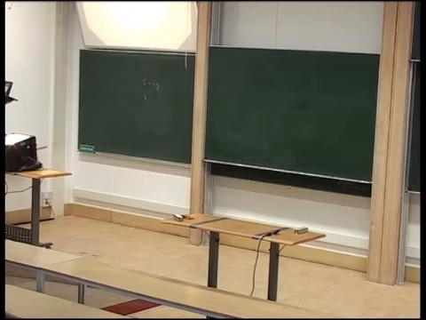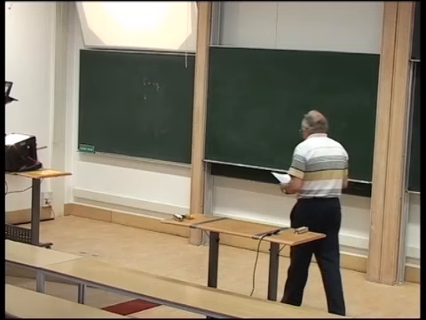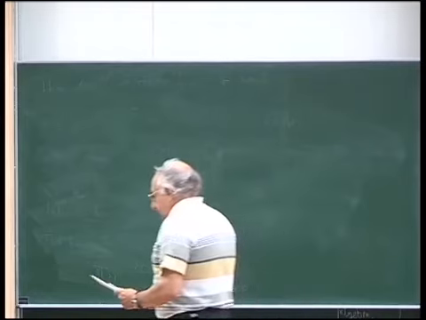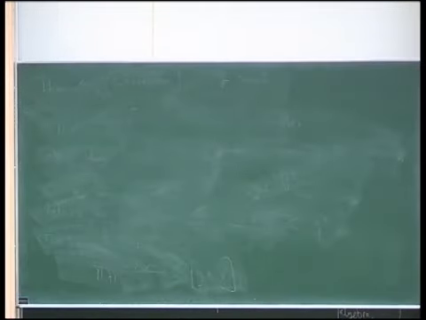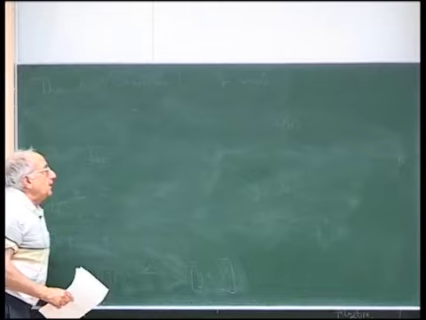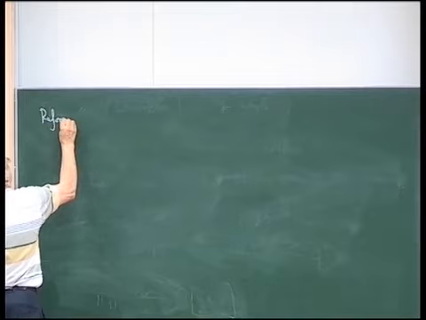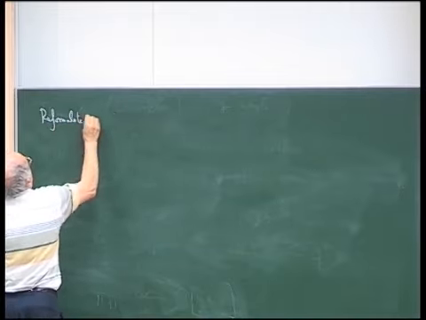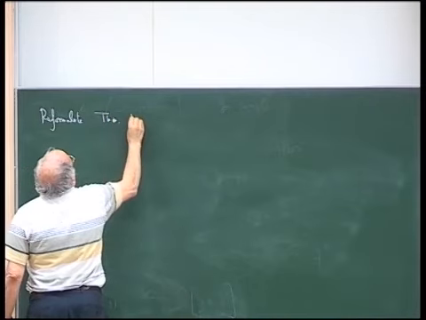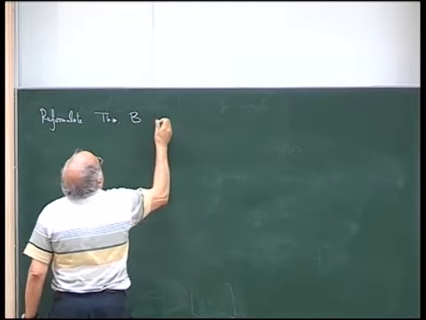Whether or not this is good for anything, I don't know, but that's what we want to do. So let's take an example. We want to reformulate, in particular, theorem B.